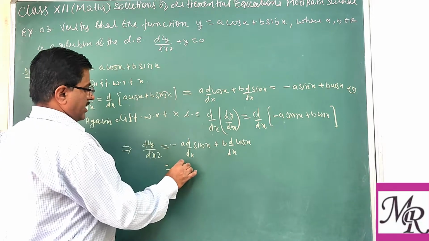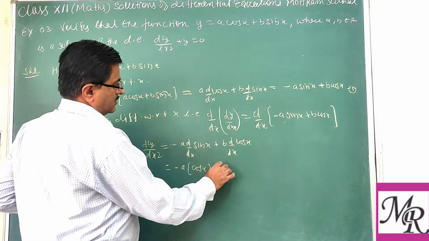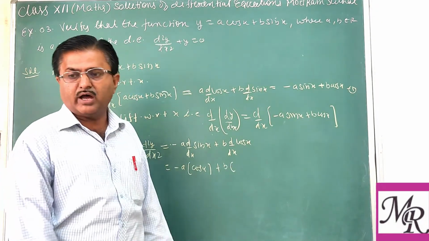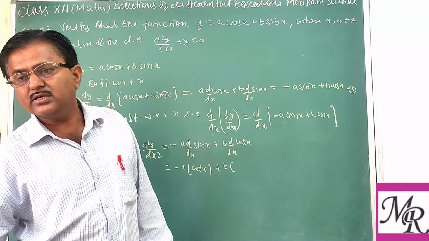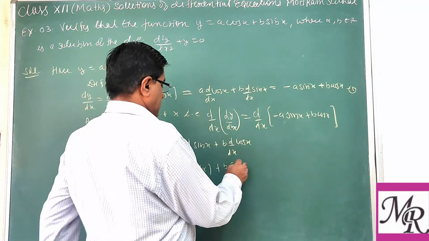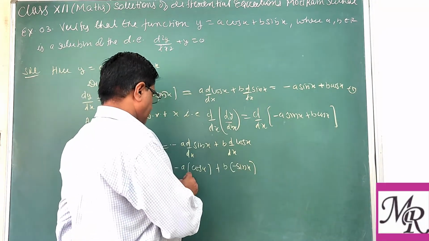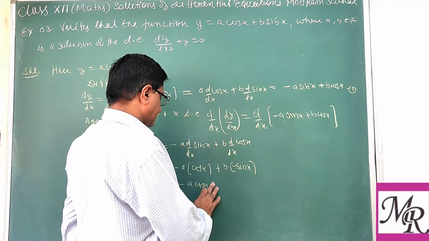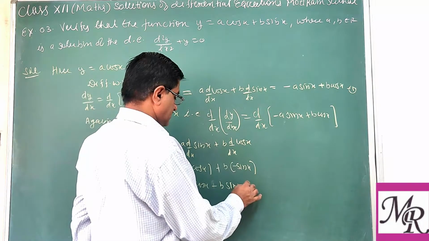The derivative of sin x is cos x and the derivative of cos x is minus sin x. So if you simplify, then minus a cos x minus b sin x.